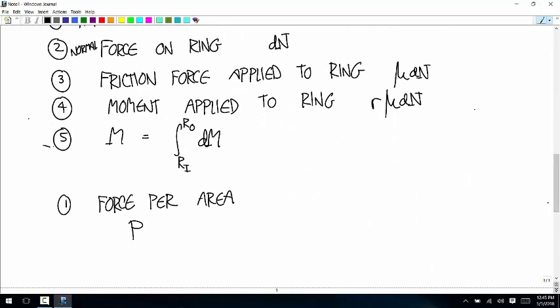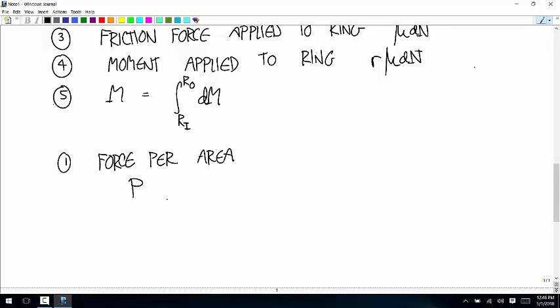And so we have the total force P divided by the total area. And the total area is pi r outer squared minus pi r inner squared, or pi times the quantity r outer squared minus r inner squared.